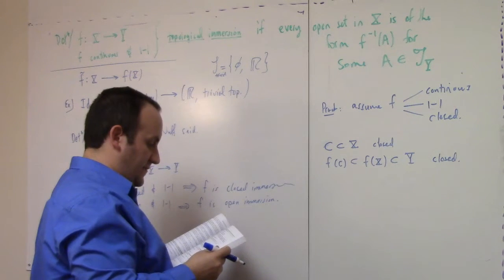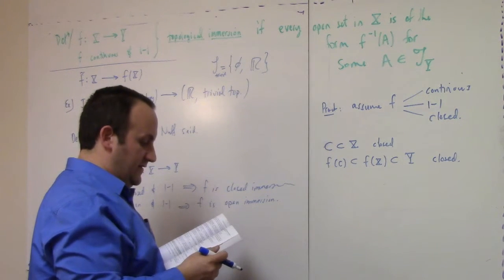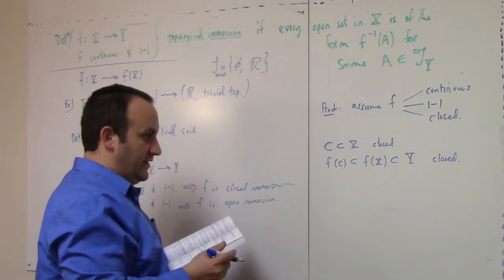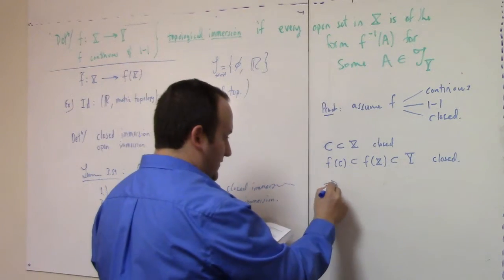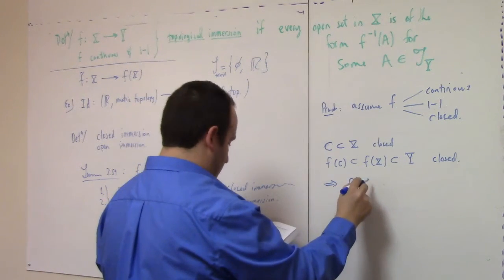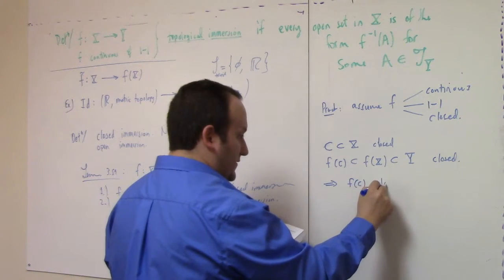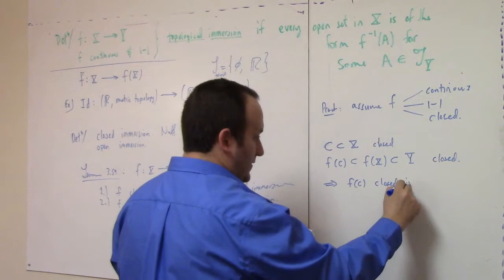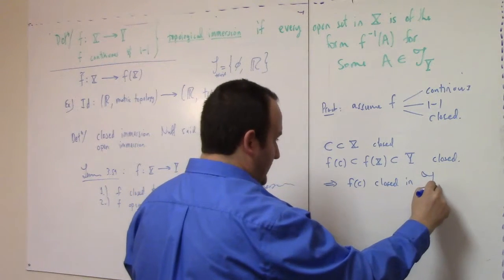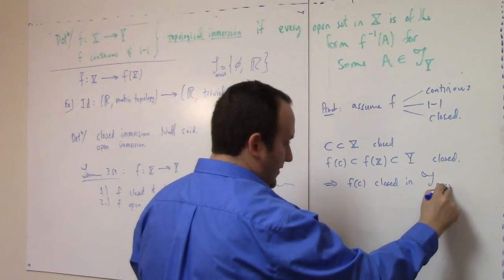And then he says that means that f of C is closed in the subspace topology of f of X. Do you see that? I guess that's the thing I'm a little bit shaky on here. f of C is closed in the subspace topology of this guy.